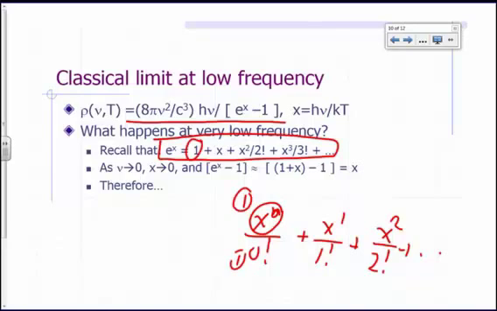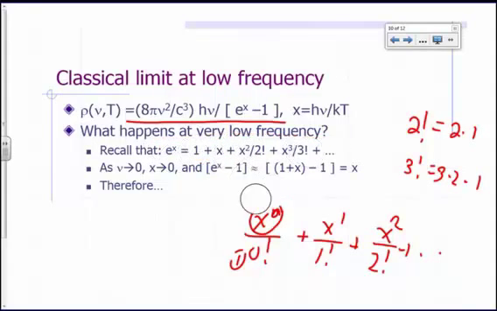So that's just 1 right there. Then x, and 1 factorial is just 1, so that's the second term. The third term is x squared over 2 factorial. What is 2 factorial? That's 2 times 1. What's 3 factorial? 3 times 2 times 1. So that's the power series expansion for e to the x.